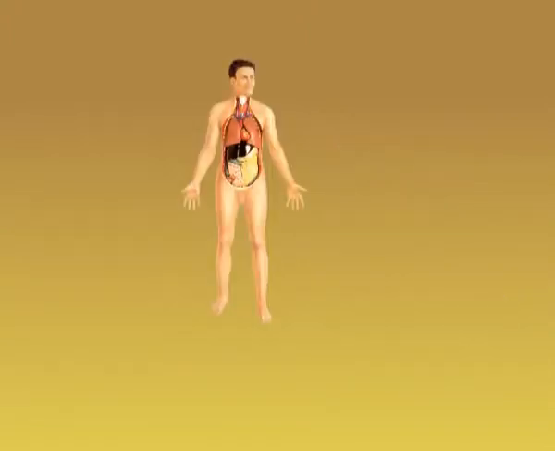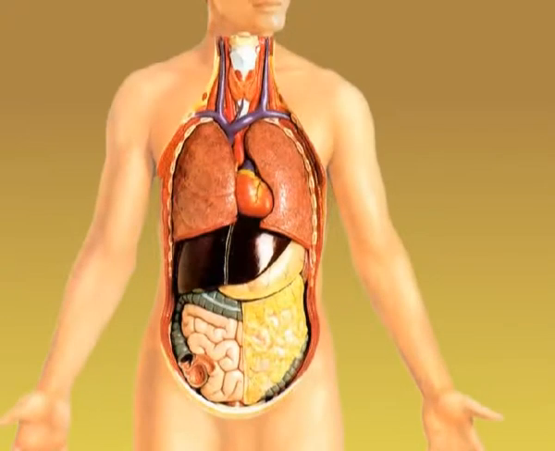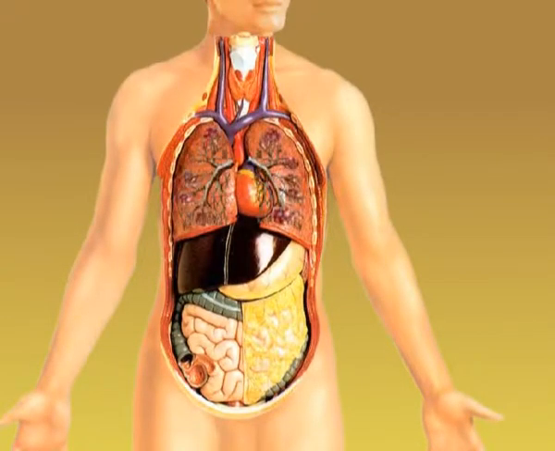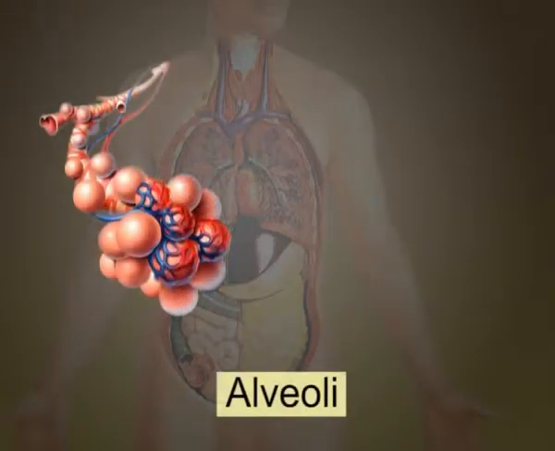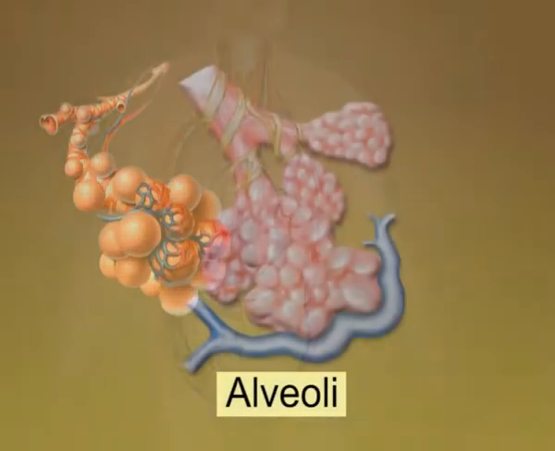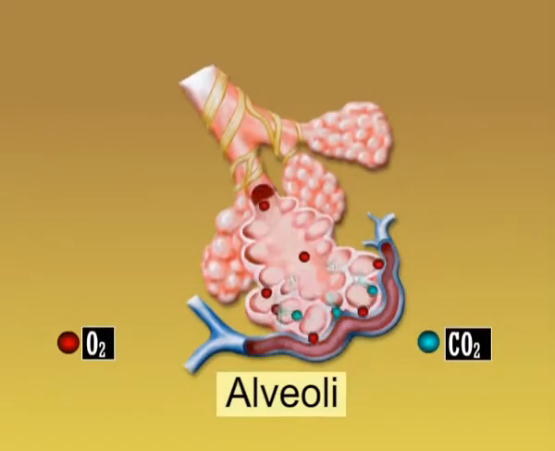Some major examples of diffusion in biology are gas exchange in human lungs at the alveoli. In the alveoli, oxygen from the inhaled air enters the blood by diffusion and carbon dioxide diffuses from the blood into the lungs.